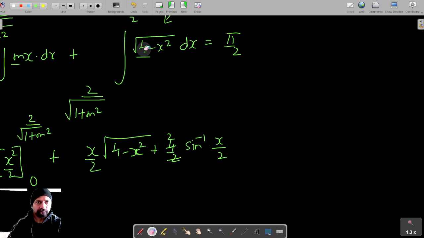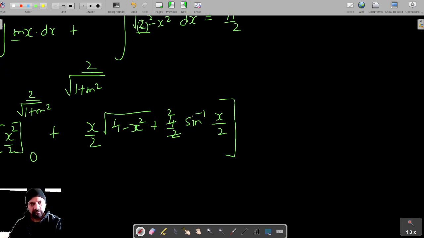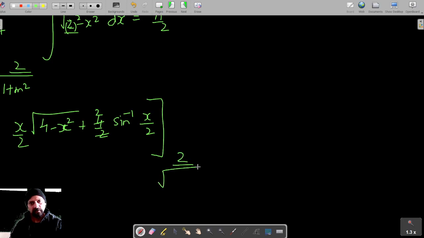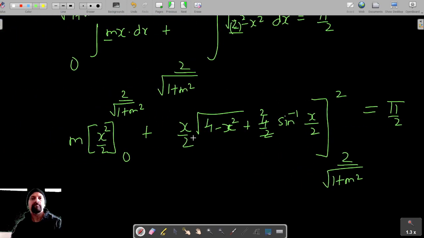Instead of 4, we can write 2 square, and we have used the formula, and this has to be evaluated for the limits. The limits are 0 to 2 under root 1 plus m square.